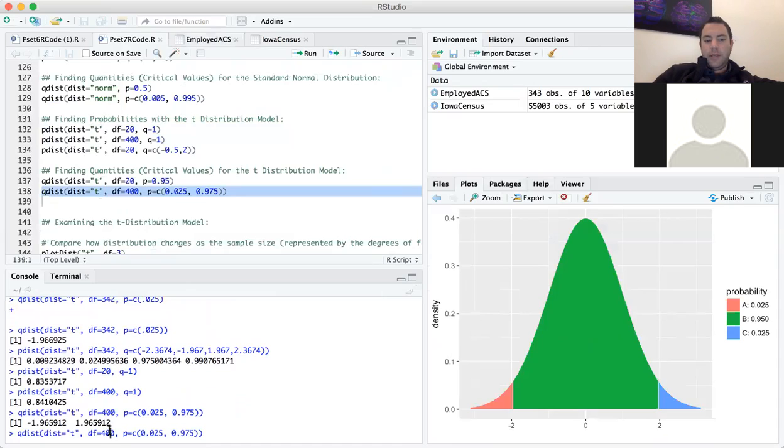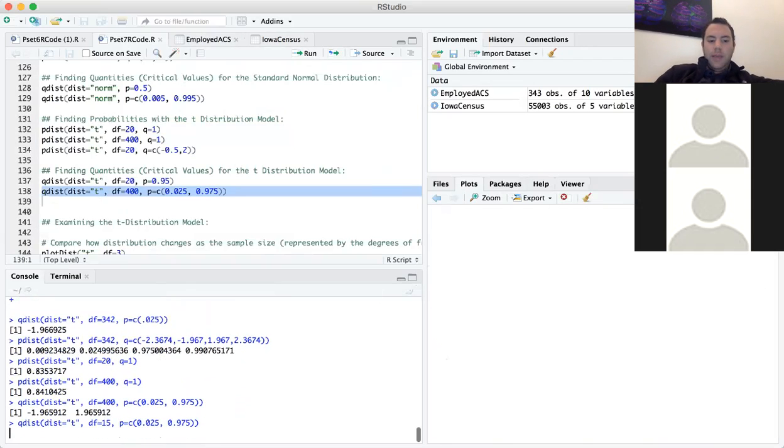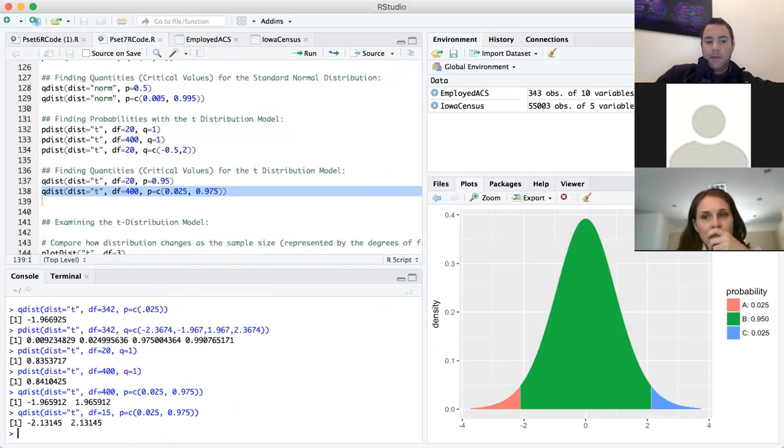But if we decrease the degrees of freedom to, let's say, 15, we could see how those critical values will change correspondingly. So we saw before that we ran this qdist command to find the critical values for a degrees of freedom of 400.